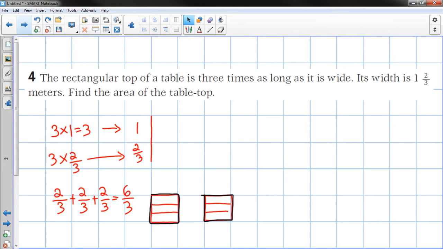So the length is 3 plus 6/3, which is the same as 2. So 3 plus 2 is 5.